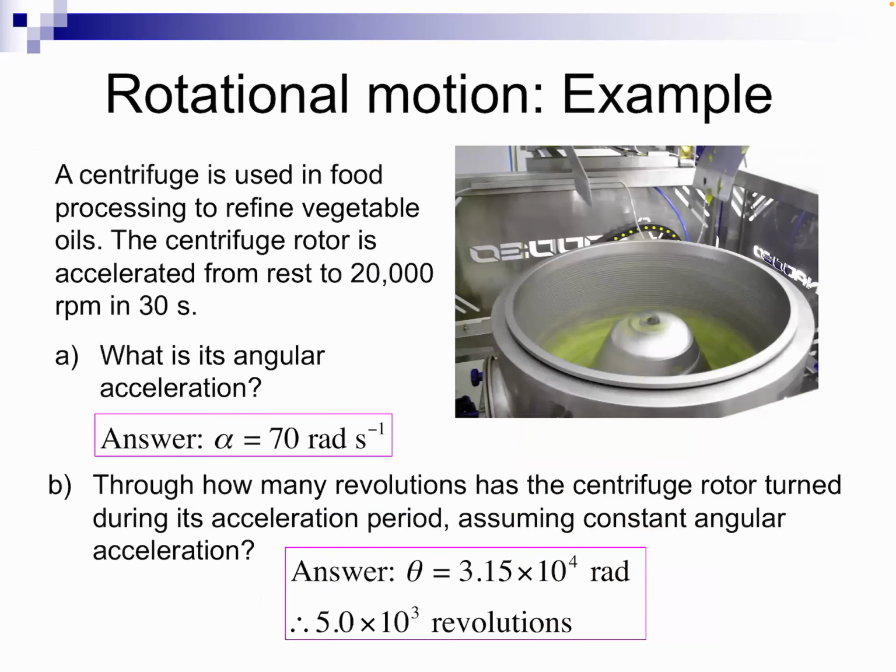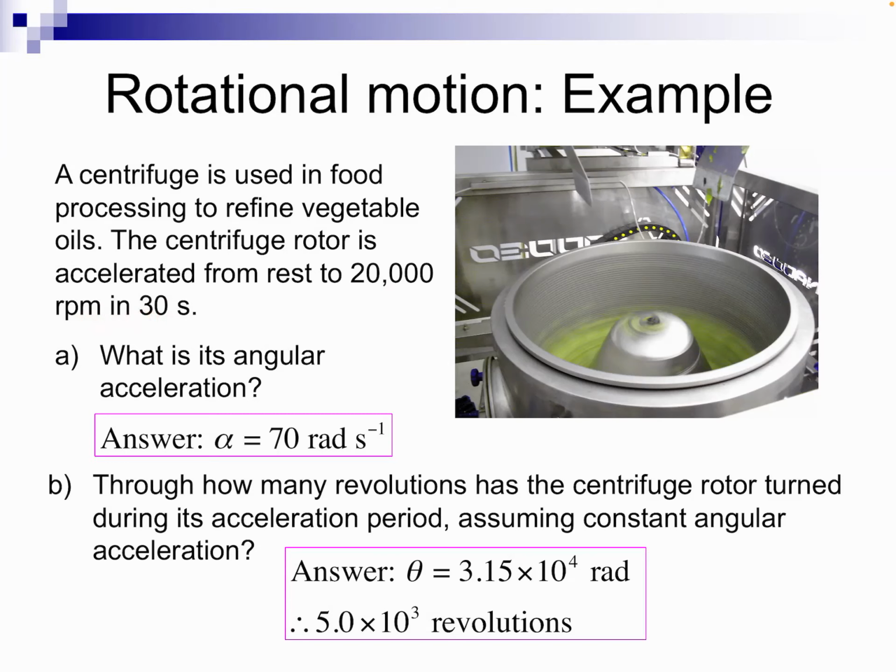Let's consider this example. You have a centrifuge, a device that rotates at a very fast speed. Here it's used in food processing to refine vegetable oils. The centrifuge rotor is accelerated from rest to 20,000 RPM in 30 seconds.